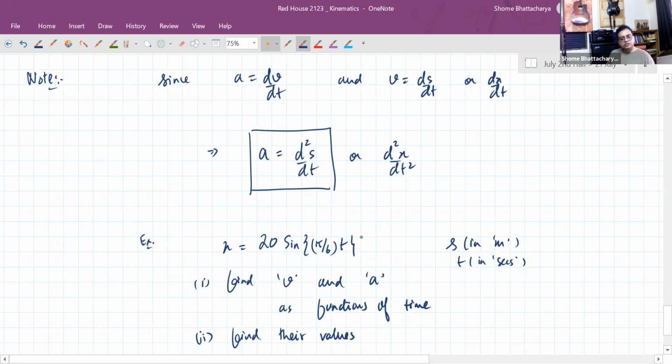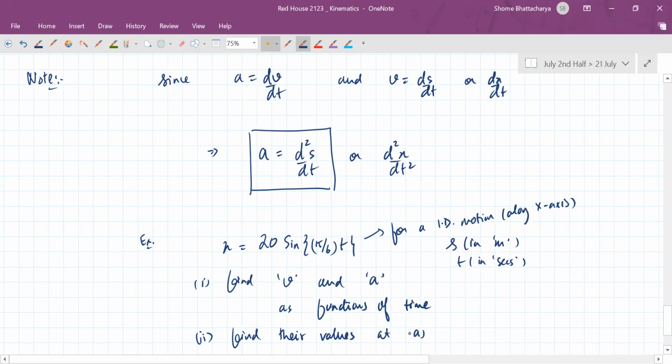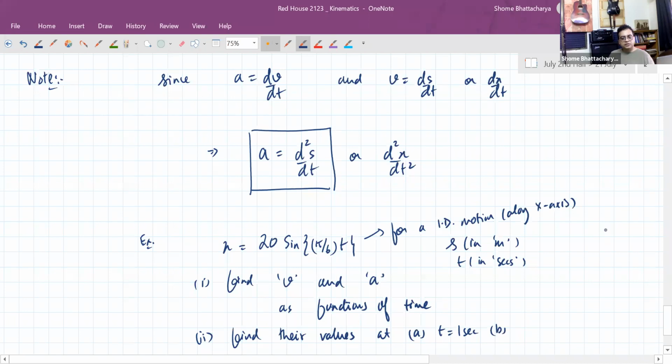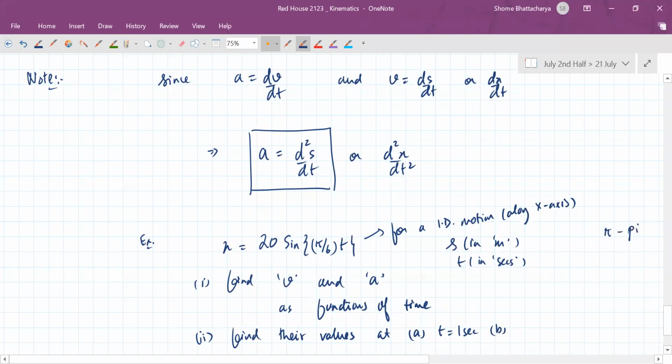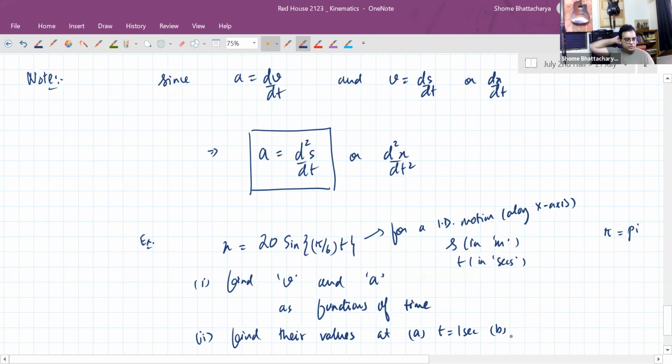So this is for a 1D motion, obviously along x-axis. Okay, and then find their values at say t equal to 1 second. Sine in the bracket, pi by 6 into t. Got it now?